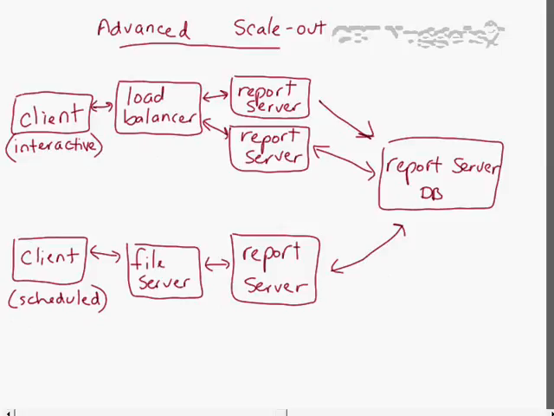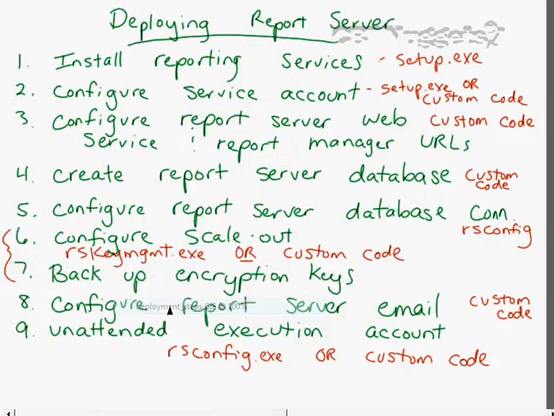Now that you understand the basic deployment scenarios, let's talk about the steps involved with the actual deployment of your report server. So we have 9 main steps here for deploying your report server. The first one is to install the reporting services. Now, this involves running the setup.exe file, which comes with your SQL Server 2008 installation disk.